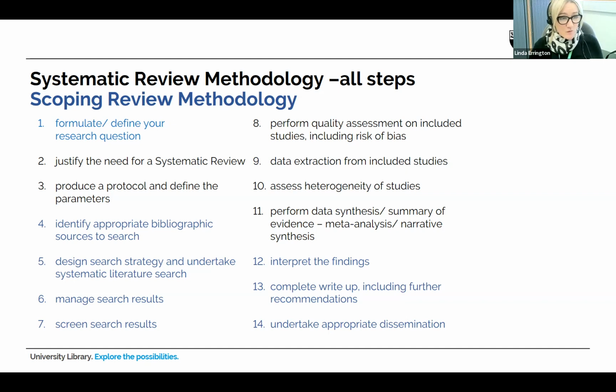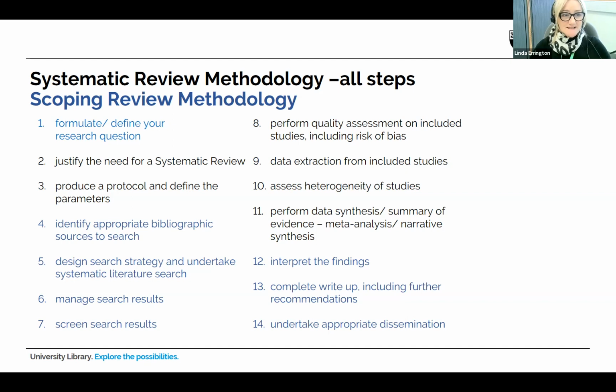In terms of step 4, identifying appropriate bibliographic sources, then the search strategy and the resources are absolutely crucial to the quality of the resulting review. You need to identify all of the relevant research and therefore all of the full range of resources which index that research. So if you need help with that, your subject liaison librarian will be able to offer advice.